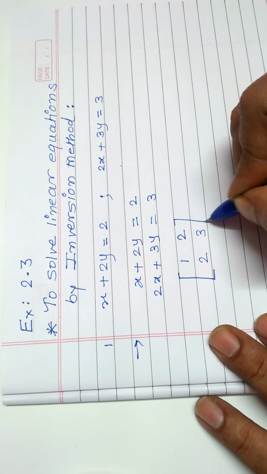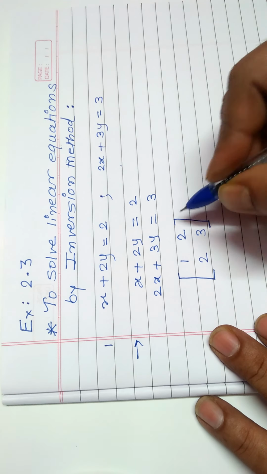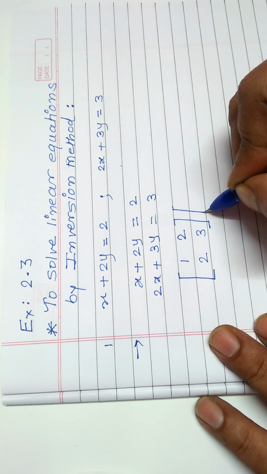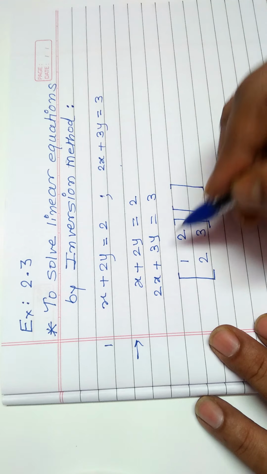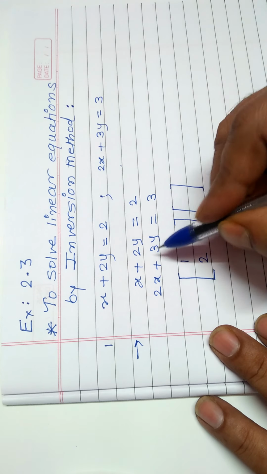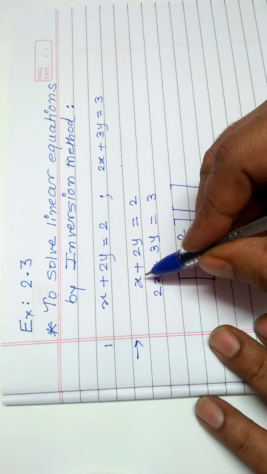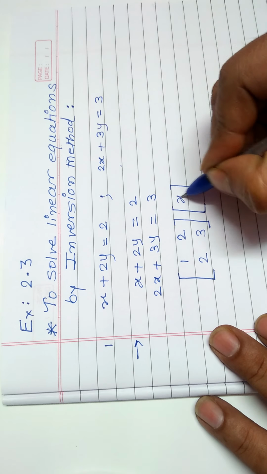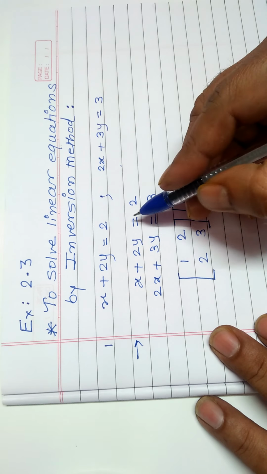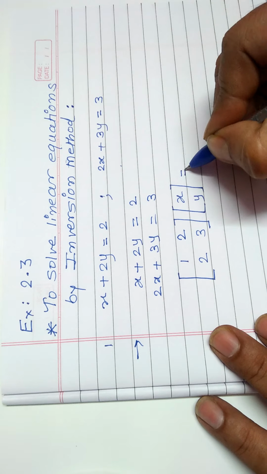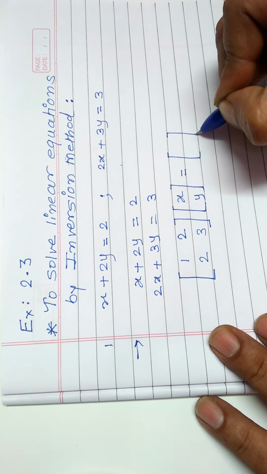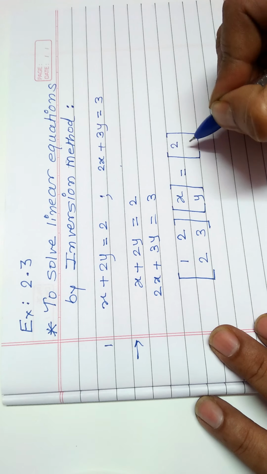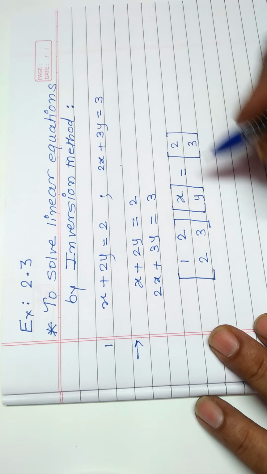This is the first matrix, which is followed by the second matrix, of variables, that is [x; y], followed by equals, and the last matrix is of the constant terms, that is [2; 3].